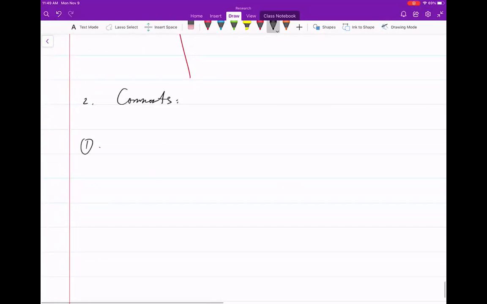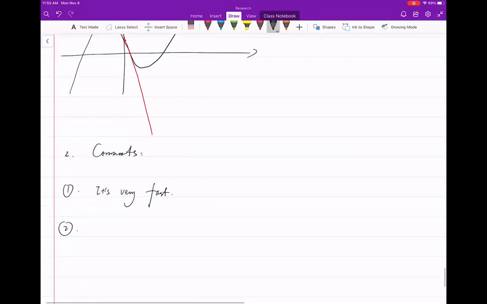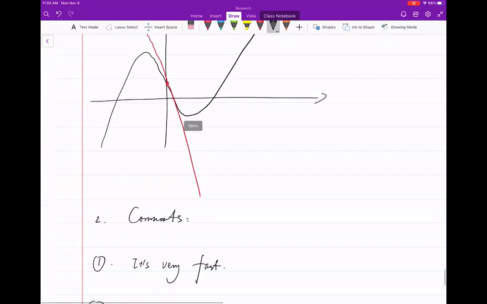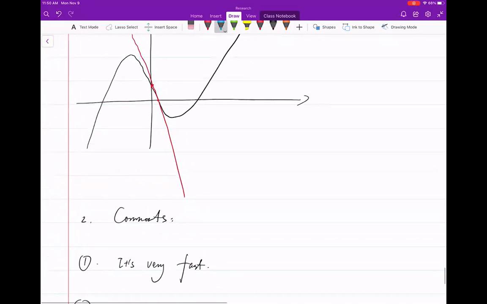Some comments. Number 1, it's really fast. So it's a preferred method in real life. Number 2, I have a question here. We start from 0, we find within 3 steps, we find a pretty accurate estimate of this 0 here.